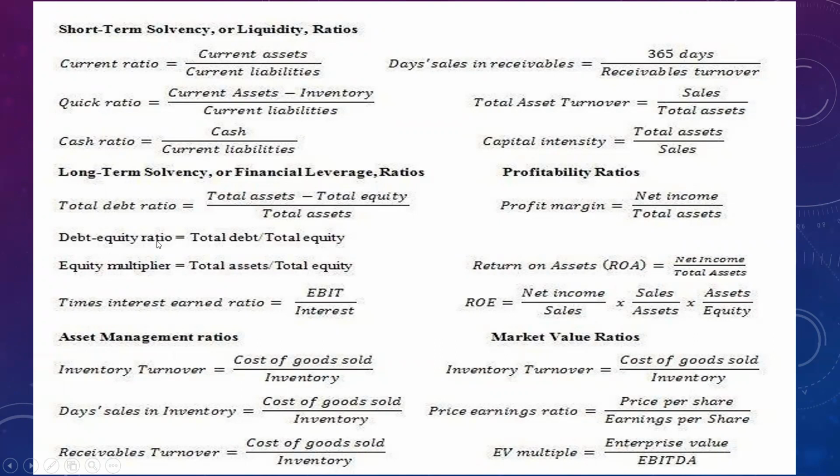And debt equity ratio is total debt by total equity. In inventory turnover, that is cost of goods sold upon inventory. And return on assets is net income divided by total assets. And return on equity is net income divided by sales into sales divided by assets into assets divided by equity. When the other factors get cancelled, we'll get ROE is equal to net income divided by the equity.